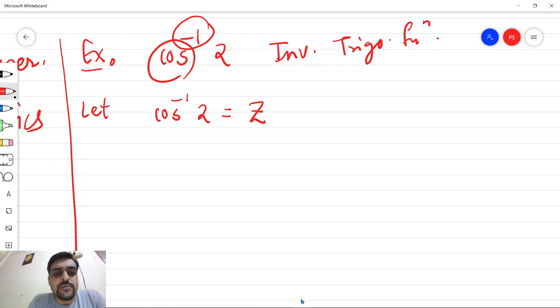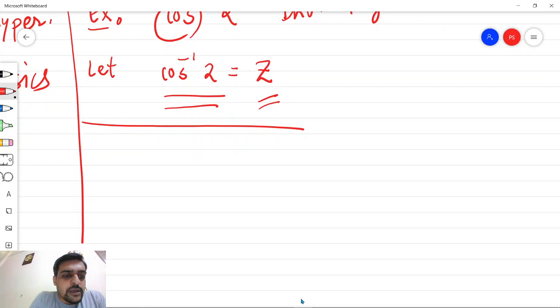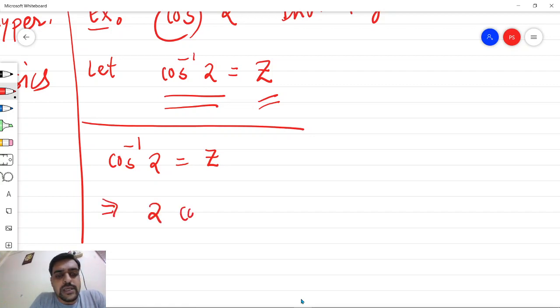So we here assume that the value of cos inverse of 2 is in general going to be a complex quantity. Why is it so? Because if we say that cos inverse of 2 is z, that implies 2 is equal to cos of z.